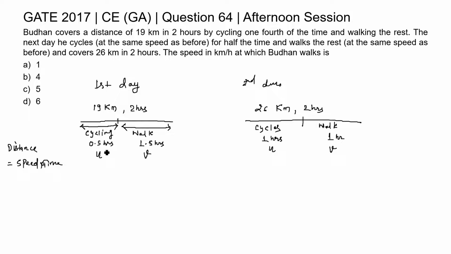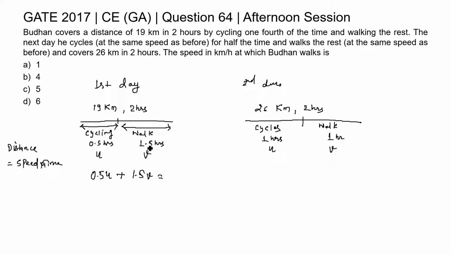So we can write the distance covered from cycling, speed into time. So speed is u and time is 0.5. So 0.5 into u plus, the speed is v and time is 1.5, so 1.5 into v.